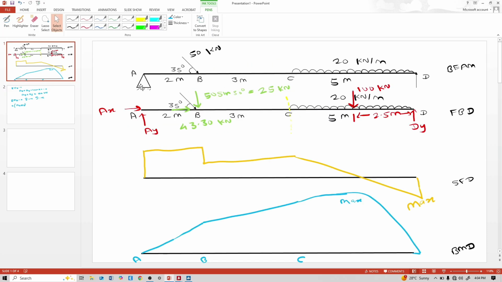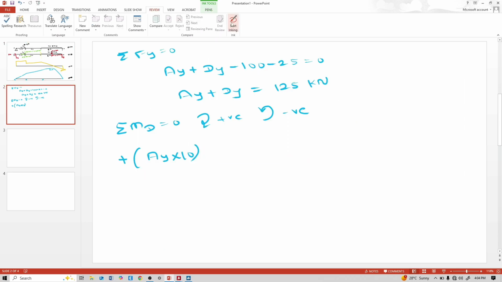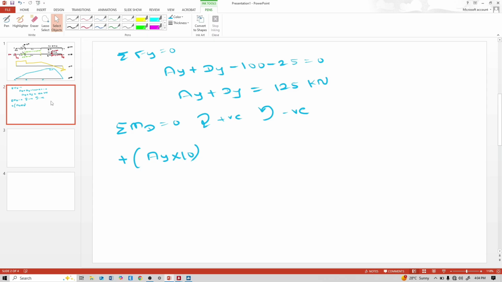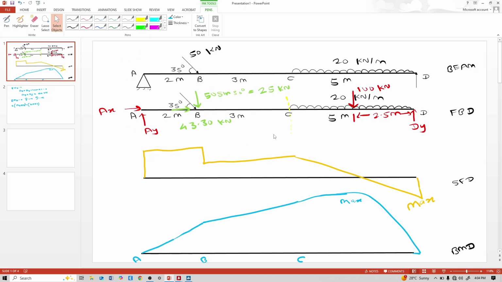This is anti-clockwise too, this is minus 100 into 2.5.